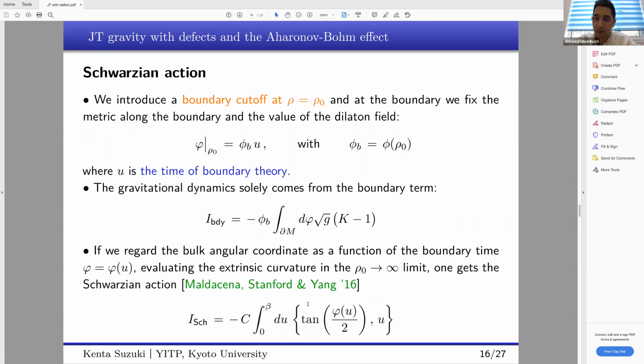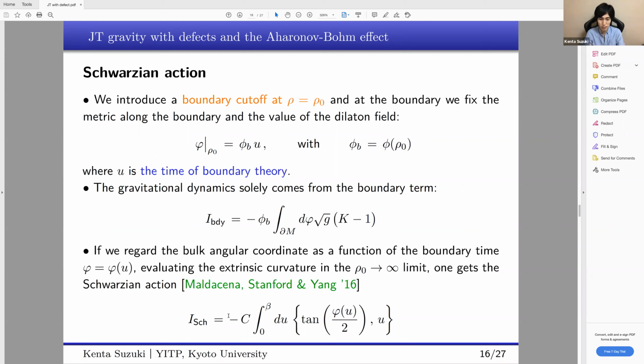However, we can also write down the Schwarzian theory for the punctured disk geometry. Such a Schwarzian theory actually reduces the Lyapunov exponent by this conical defect angle.